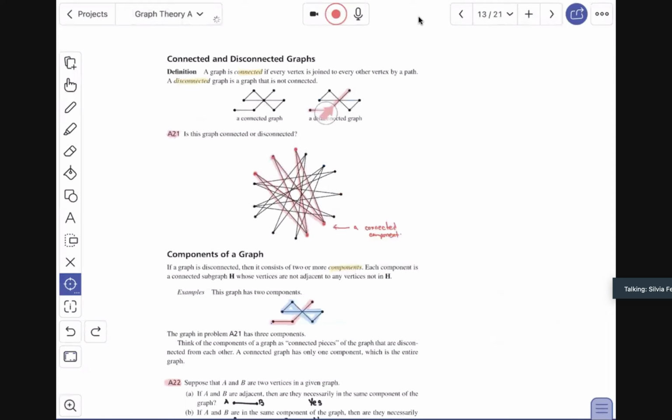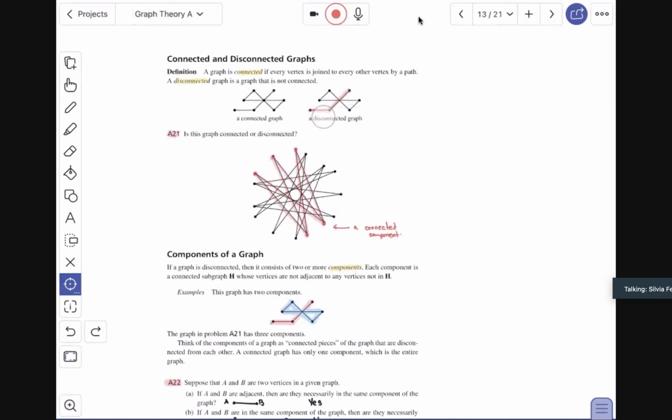But this one is disconnected because I can go from this vertex to that one and back, but I won't be able to jump and visit the other vertices, because even though there is this crossing, I'm only allowed to change edges at the vertices. So this graph is disconnected. It looks like a single piece, but it is disconnected according to our definition because there is no path that connects this vertex to that one, for example.